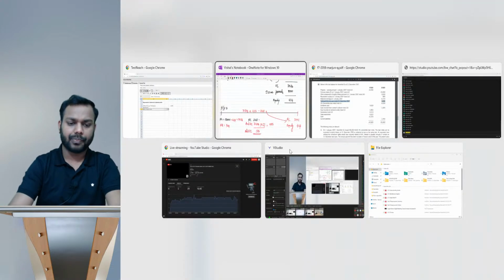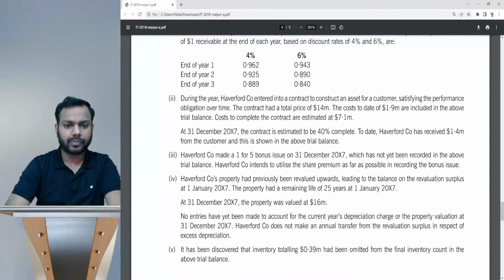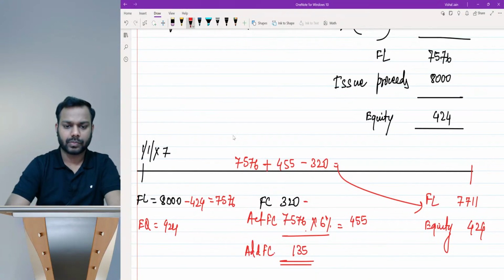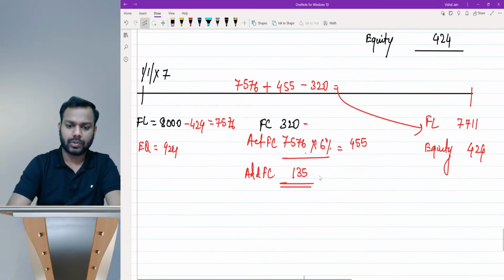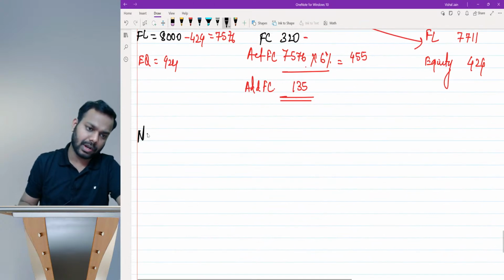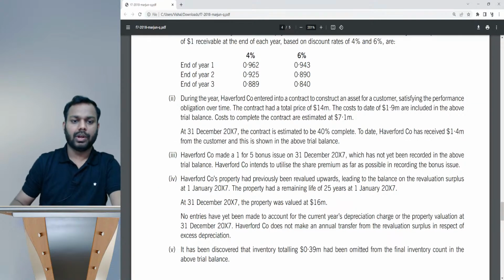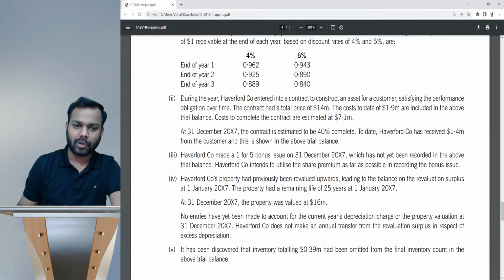Okay, now coming to note number 2. During the year, Haverford company entered into a contract to construct an asset for the customer, satisfying the performance obligation over time.